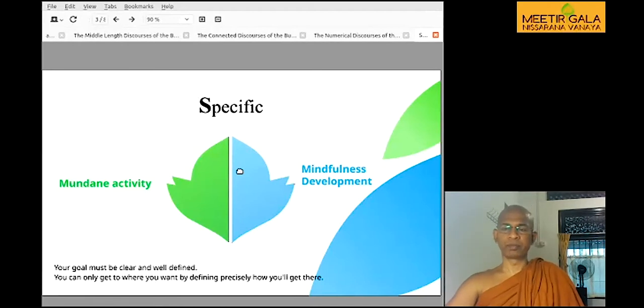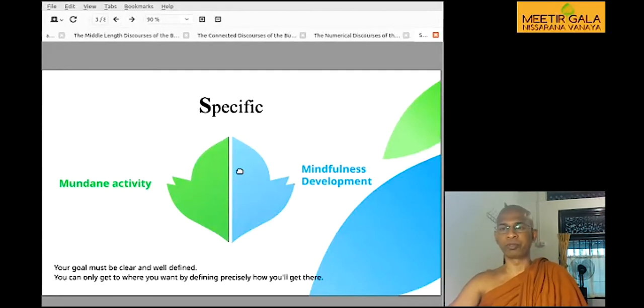Now the term specific. When we consider typical mundane activities, there also we have to be specific. That is what SMART is designed for. Now we are trying to see the possibility of using it in mindfulness development as well. In mindfulness development also, there is a specific term we can apply.